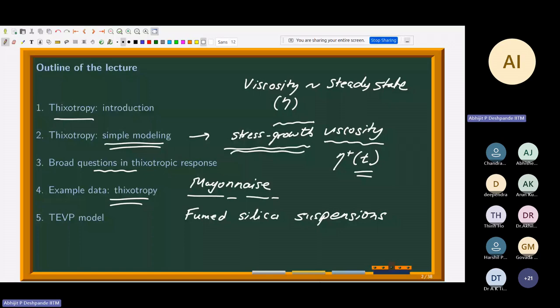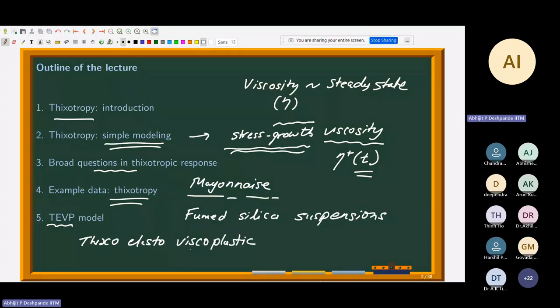And then in the end, we will end with a more complicated model, which we will call thixoelastoplastic viscoplastic, so TEVP, elastoviscoplastic.